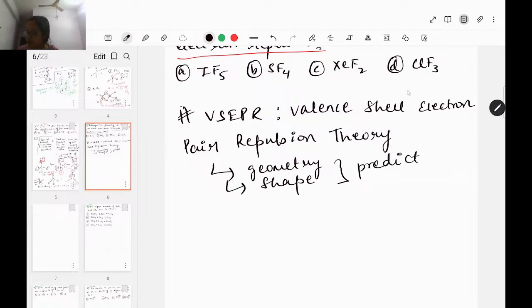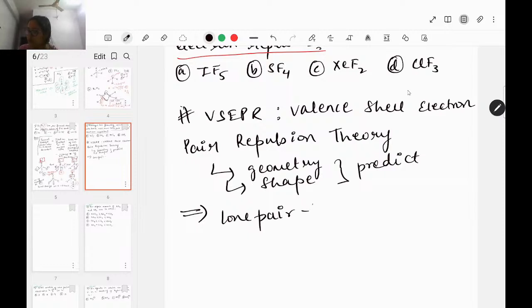Okay, so there is another thing which VSEPR theory tells us: it tries to explain the geometry and shape of the different compounds through a main point, which is lone pair repulsion.